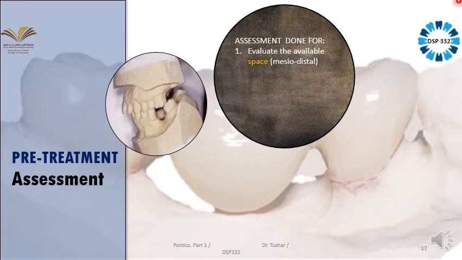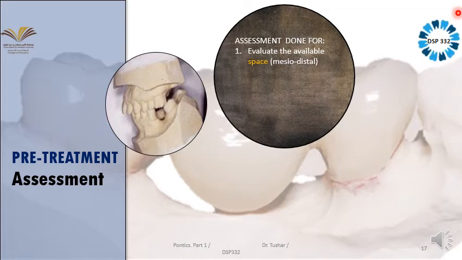Now, when the patient is coming to you, you have to evaluate whether the space available, mesiodistal space and cervico-occlusal space available with that patient, is sufficient to accommodate the pontic or not. This evaluation you have to do.